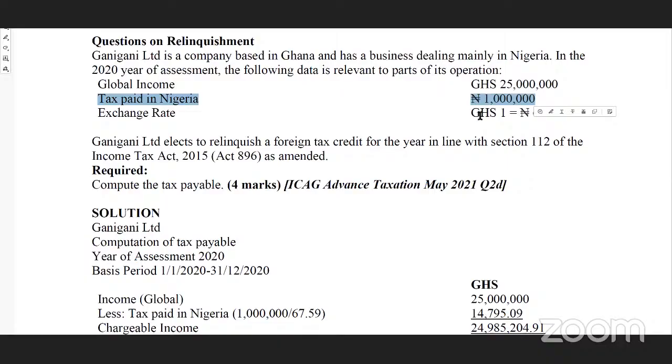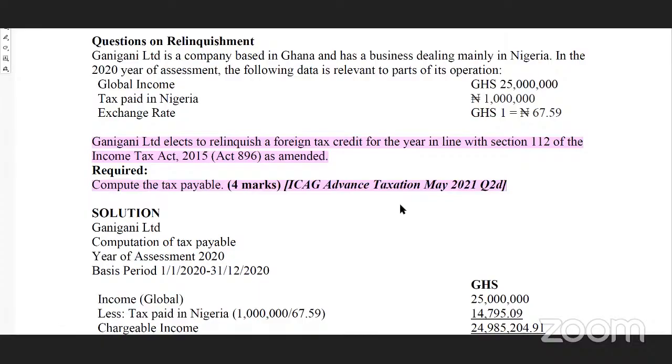The exchange rate is one cedi to 67.59 naira. Gani elects to relinquish a foreign tax credit for the year ended, right? Required, compute the tax liability. This is an adaptation from ICA, Advanced Taxation, May 2021, question 2D.